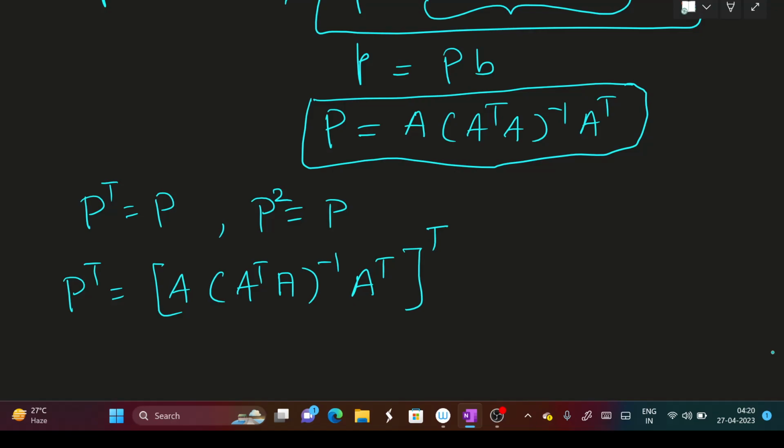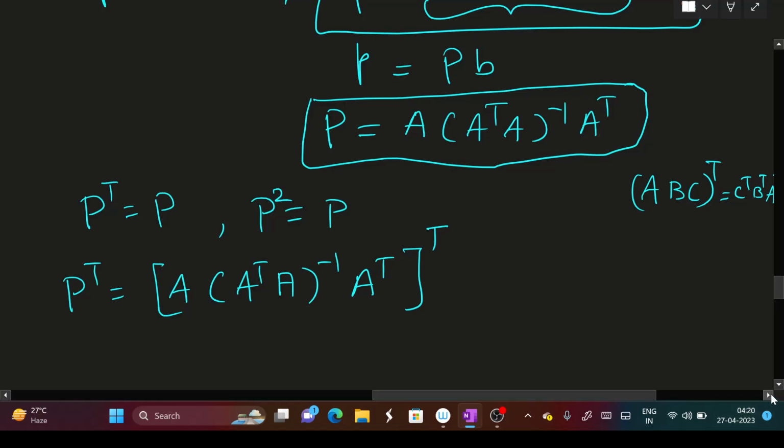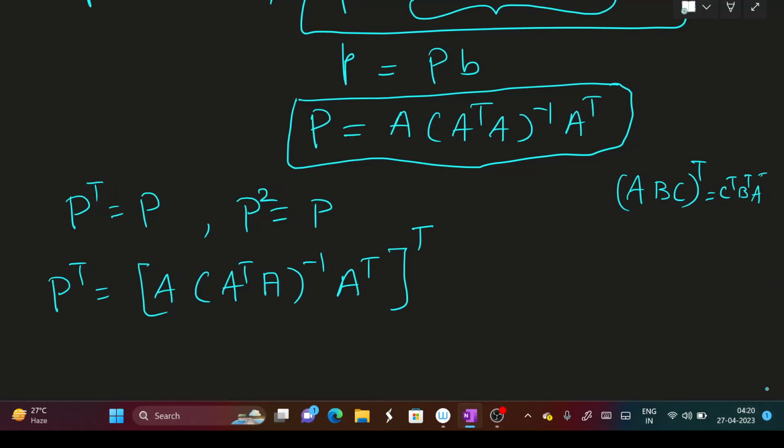So we know that A B C whole transpose is nothing but C transpose B transpose A transpose. So applying that property, first I will write it as A transpose transpose.